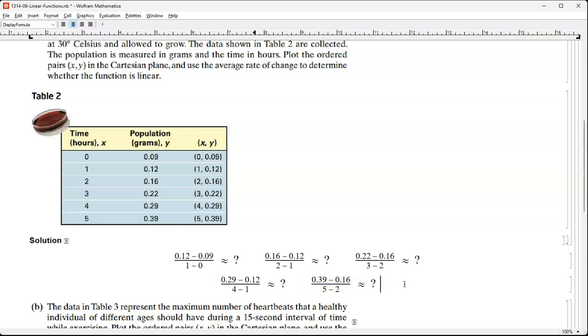And if this is really a linear model, if it can be modeled by a linear function, then all these values will be very similar to each other. And if you punch those into a calculator, then you'll see if they are really similar to each other.